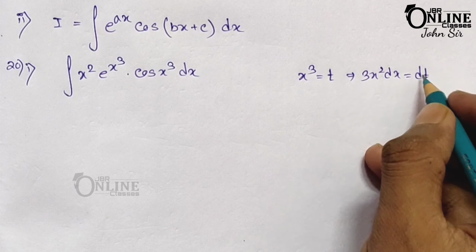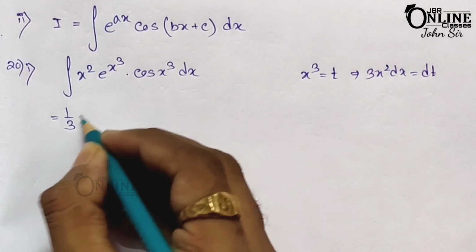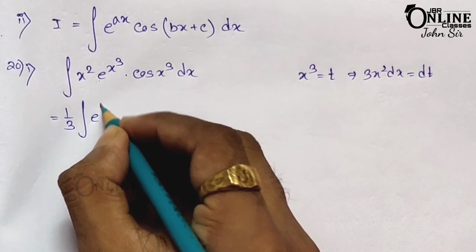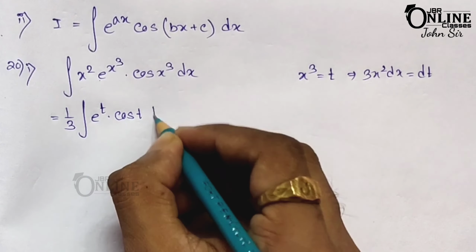So that means here x square dx equals dt by 3. So write down here 1 by 3 first, x square dx will be dt, and here e to the power x cube means e to the power t, then cos t, and this one will be dt.